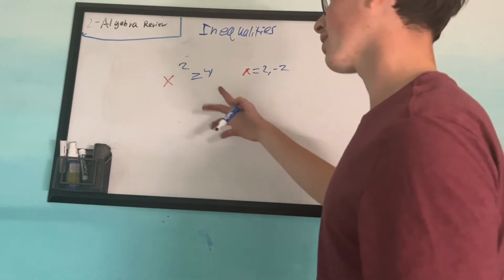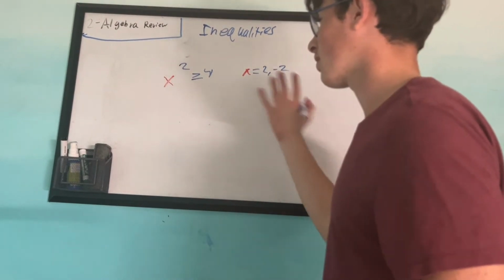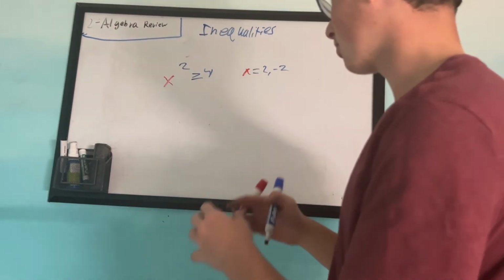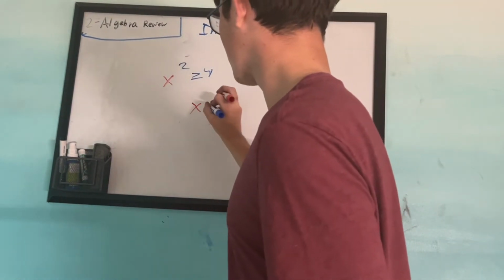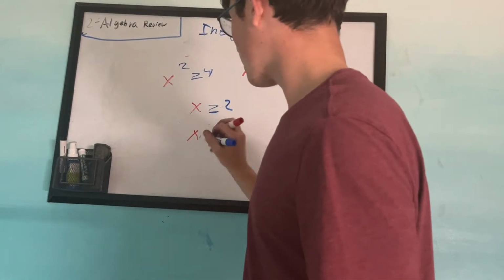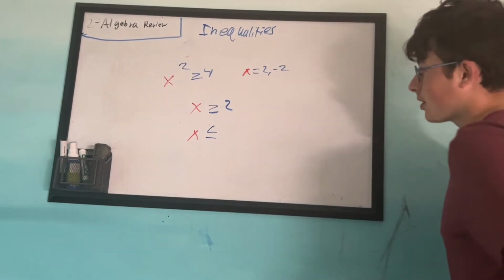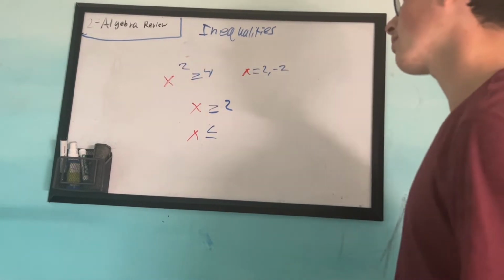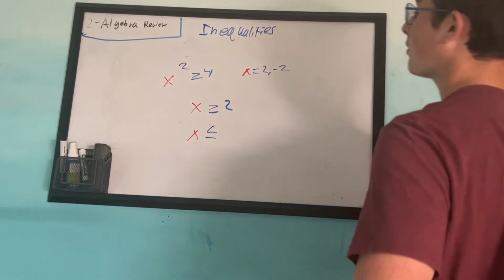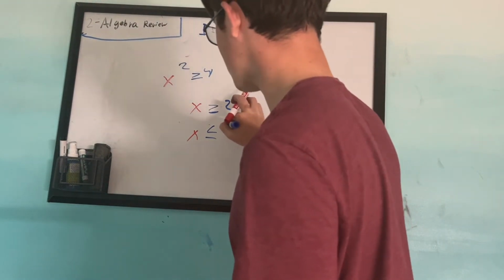If we consider growing bigger, x equals 2.7, 2.7 squared is also bigger than 4. So we could say x is greater than or equal to 2. And if we look at what happens as negative 2 gets bigger, we get negative 1, but that squared is less than 4. So we go the other way, negative 3. Negative 3 squared is greater than 4, so it's going to be x is less than or equal to negative 2.